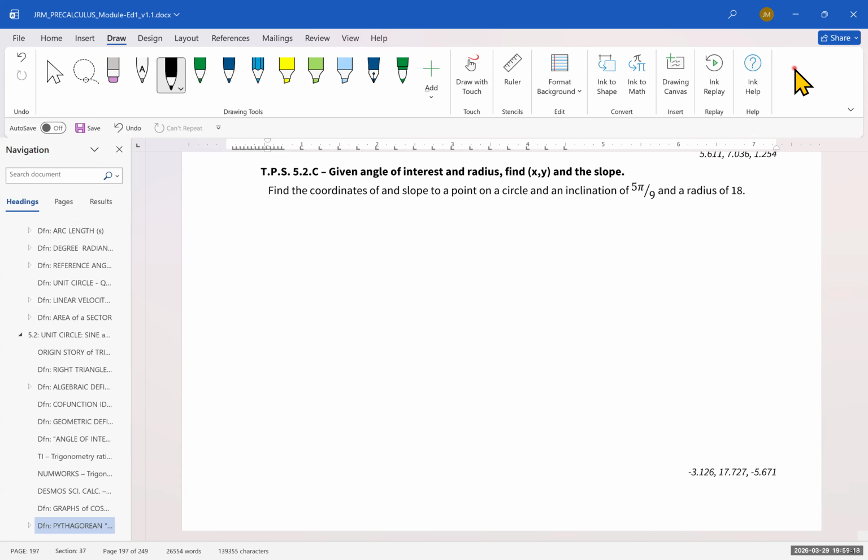Looking at this one, it says find the coordinates of and slope to a point on a circle with an inclination of 5 pi over 9 and a radius of 18. Okay, so let's think about this for a minute.